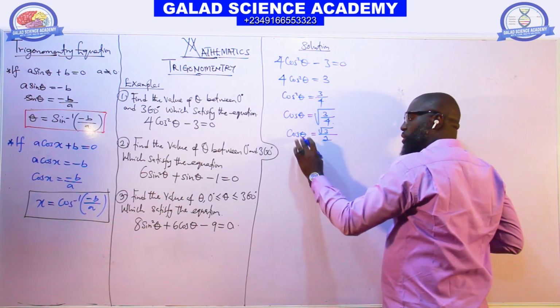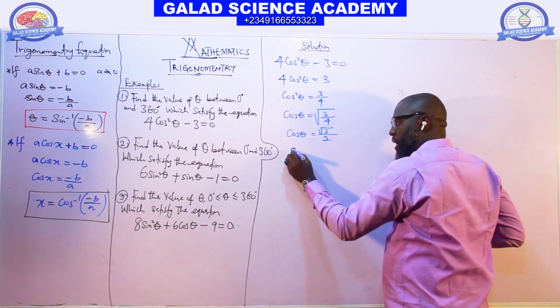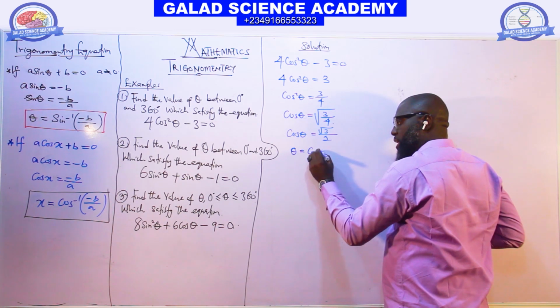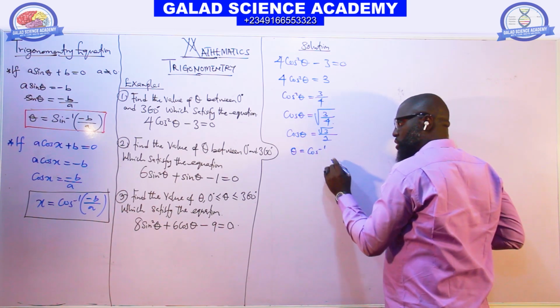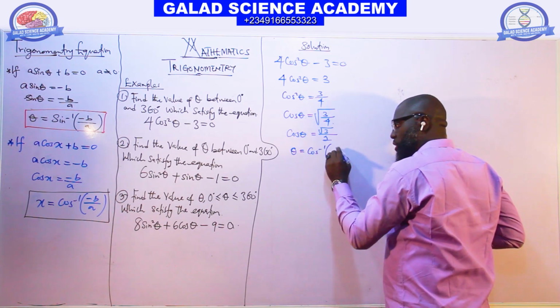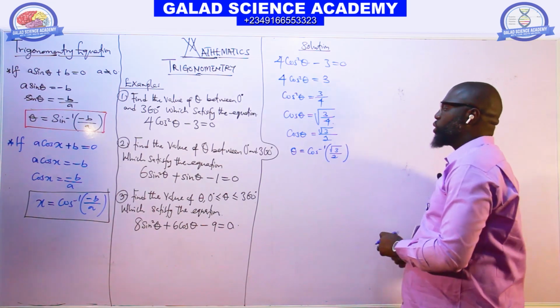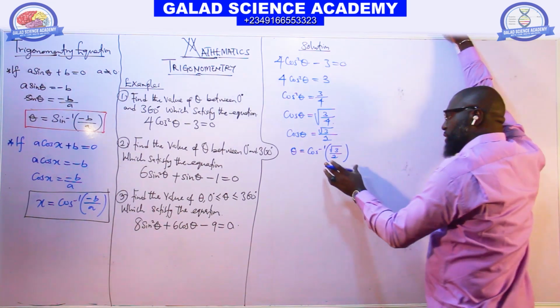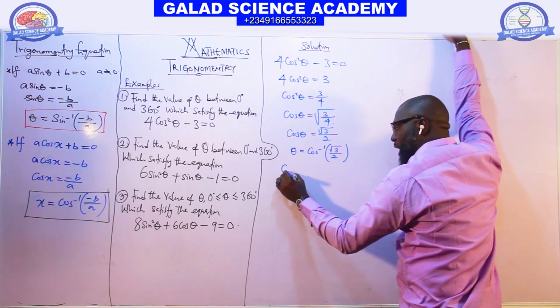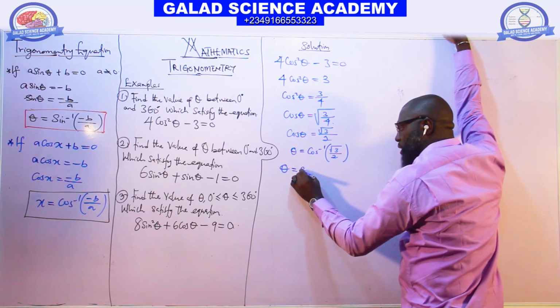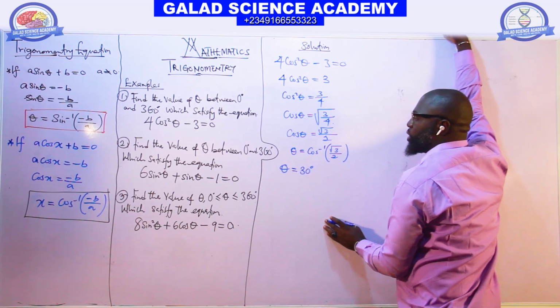So the next thing is you now take the arc cos for this. It will give us root 3 over 2. So if we check the arc cos for this, theta will be 30 degrees.